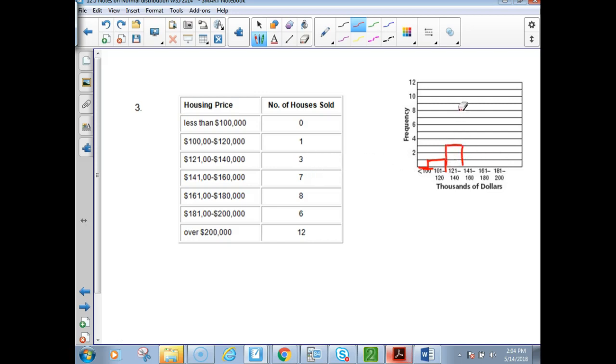Next category, 7. And then the next category is 8. And the last category, oh no, there's one more, 6. And then the majority of the people over 200,000, 12.